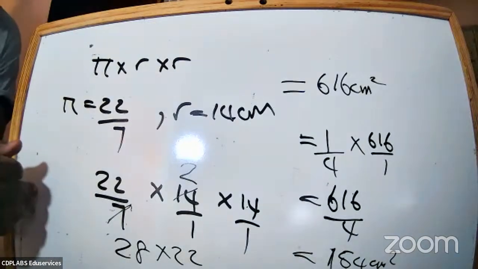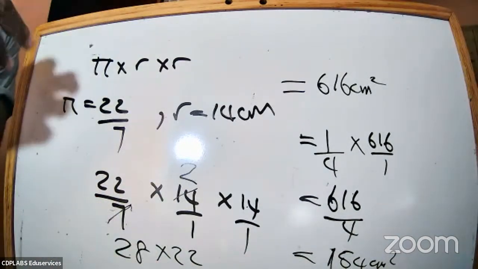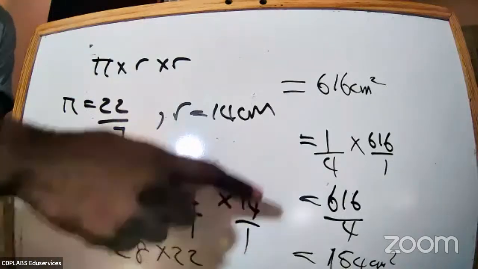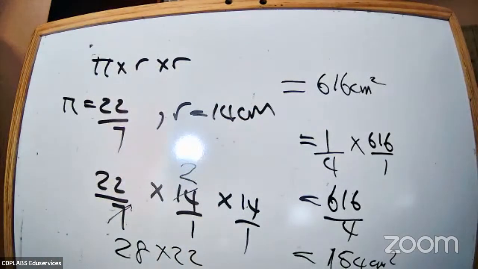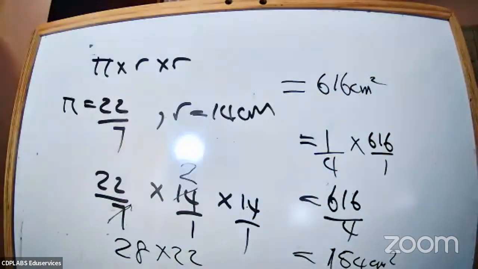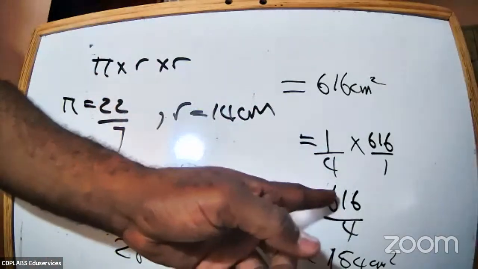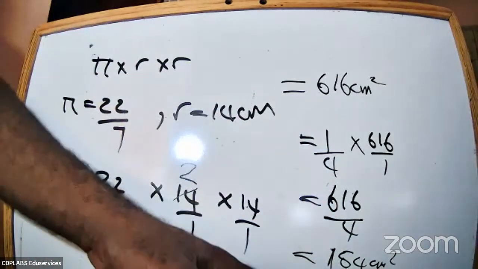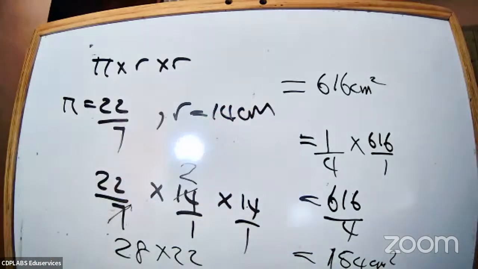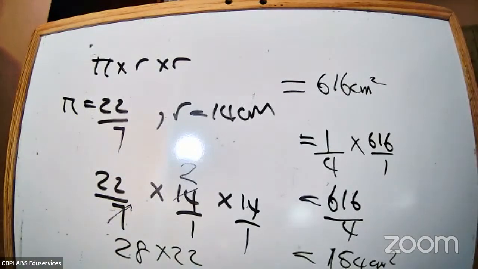So 360 divided by 90 is 4, and 1 sector out of 4 sectors is a quarter. Therefore, we use a quarter to divide the area of the circle. If you find the quarter of something, you divide it by 4. Therefore, 1/4 of the circle is 1 sector, and the area of that is 154 square centimeters.